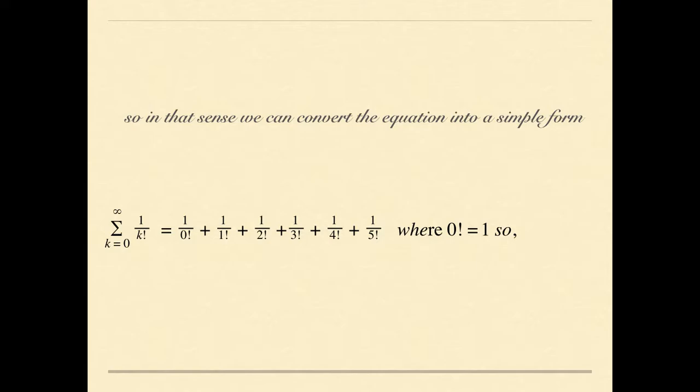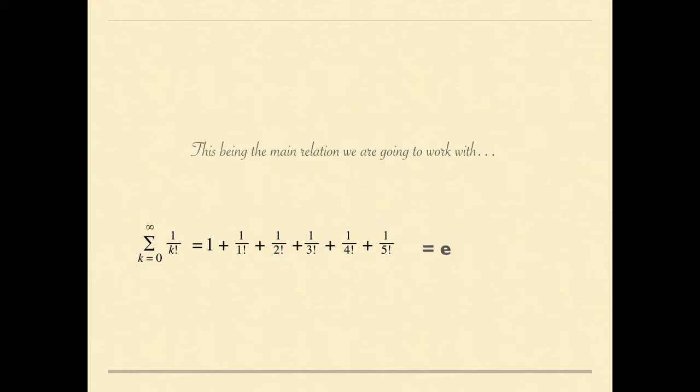So we can write it in this way: 1 plus 1 by 1 factorial plus 1 by 2 factorial plus 1 by 3 factorial plus 1 by 4 factorial plus 1 by 5 factorial, and so on and so forth. I haven't written so on and so forth as it is represented by dots. I haven't mentioned any dots after 1 by 5 factorial, but you have to keep in mind that it's an infinite series, and when it converges is the value of e that comes out magically.